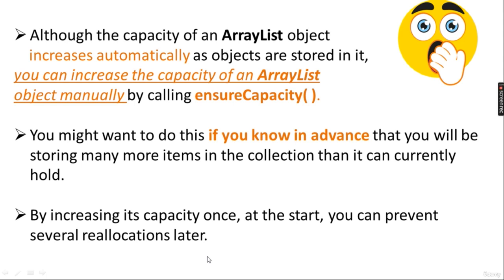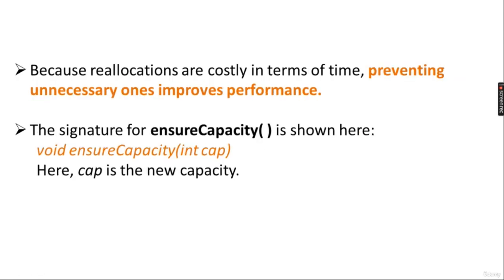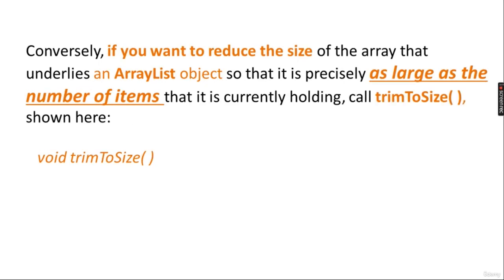Okay, so in this way you improve your time complexity and effort, and increase the speed of programming. Because reallocations are costly in terms of time, preventing unnecessary ones improves the performance of the project. The signature of ensureCapacity is that you pass the integer capacity in the brackets.